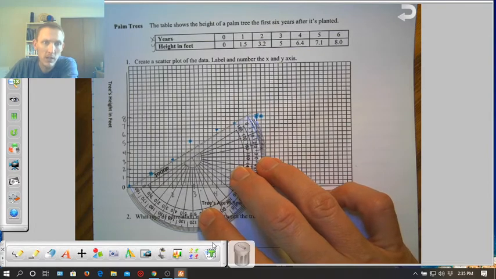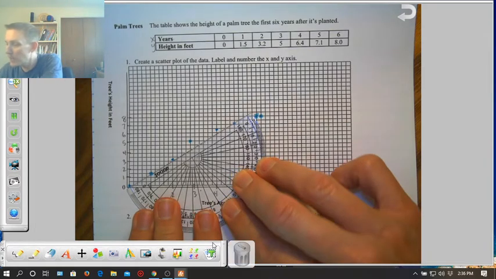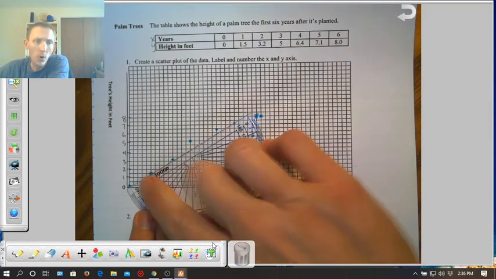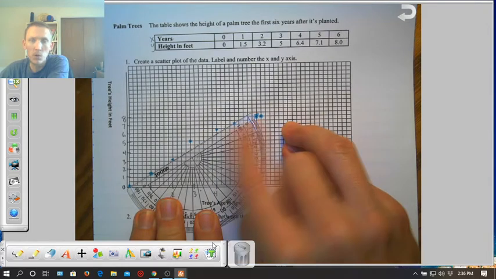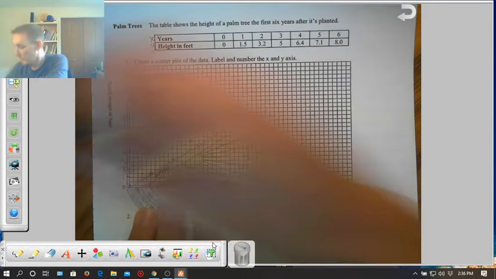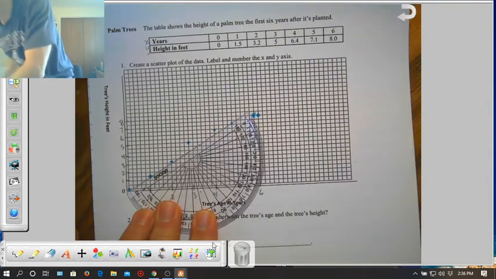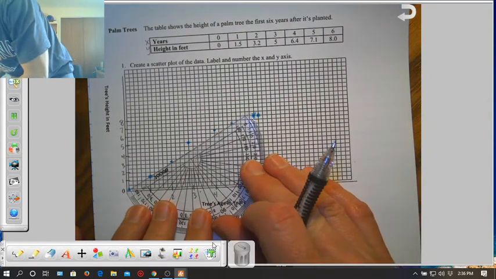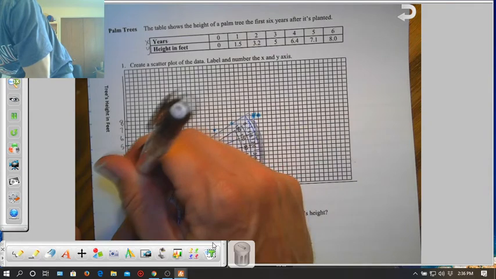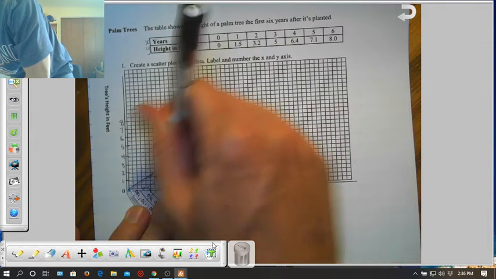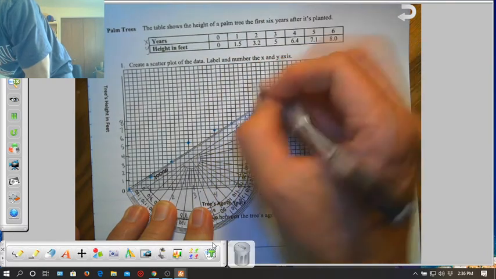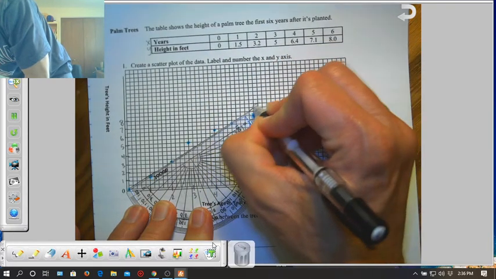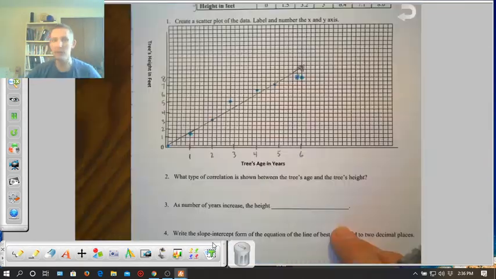So if I go right here, it looks like I'm going to hit about 4 points with 1 below and 1 above. So I'm going to go ahead and draw a line through those points and approximately, so there is our line of best fit.